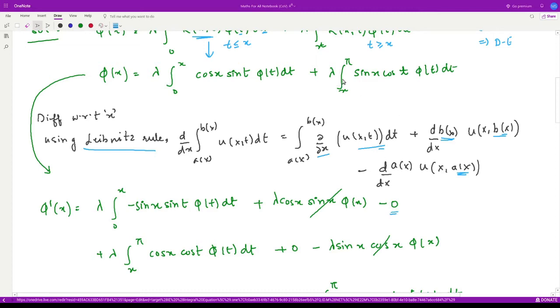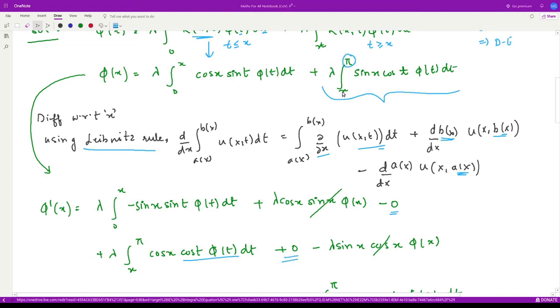Similarly we shall do this with the other term. Lambda integration from x to pi, the partial derivative of this term with respect to x would be cos x cos t phi t dt. This remains as such because it is independent of x and we are taking the partial derivative. Then the derivative of the upper limit, pi, with respect to x would be 0, so this whole term is 0.